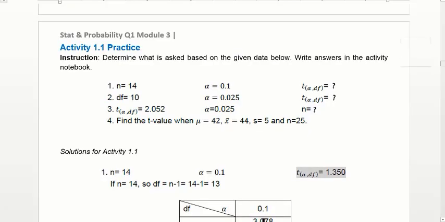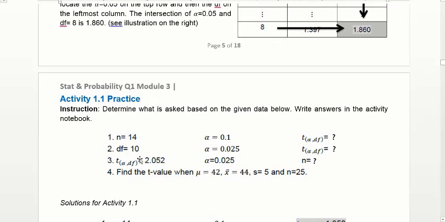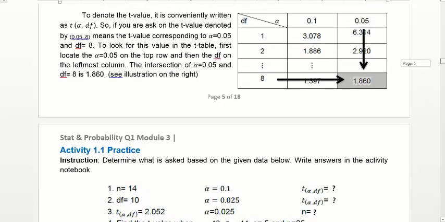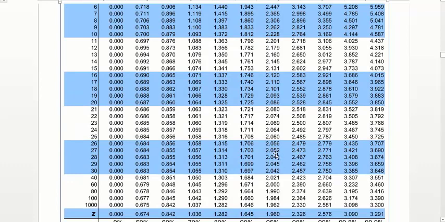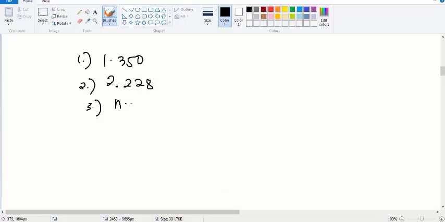Given the t-value and the alpha, what is n? The t-value is 2.052, and the degrees of freedom would be 27, but we are looking for n, so n is equal to 27 plus 1, which is 28.